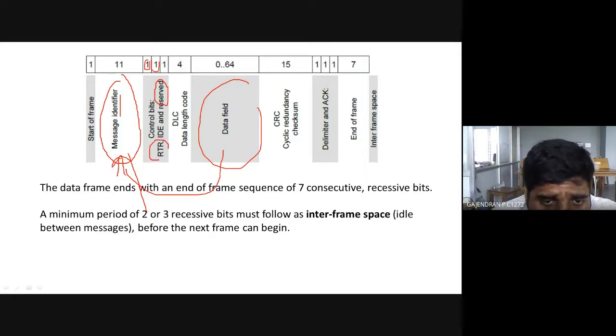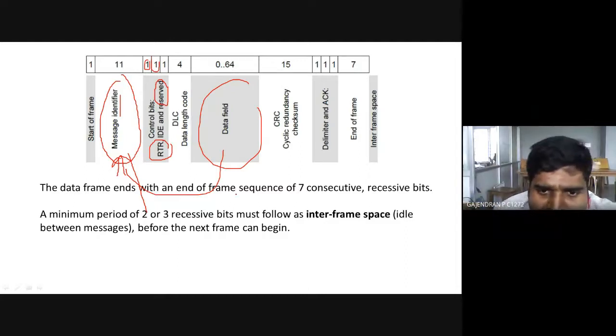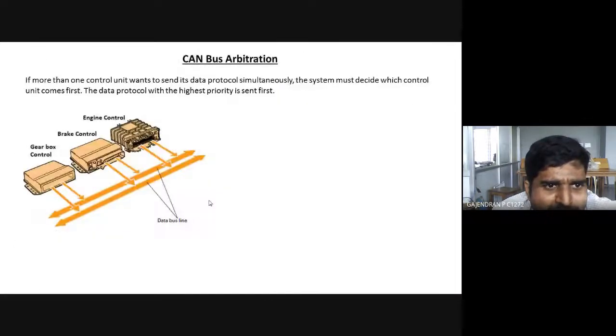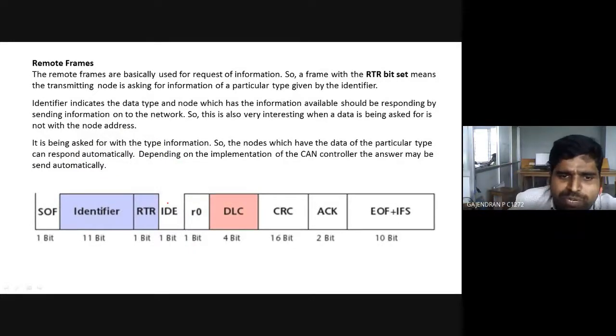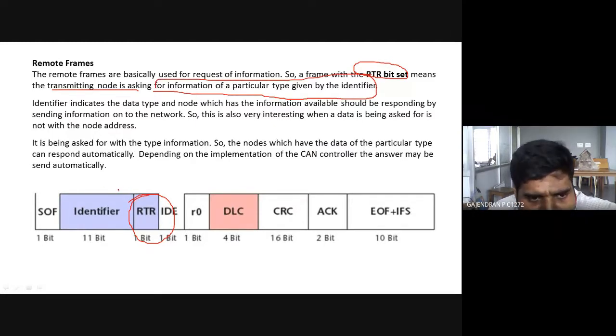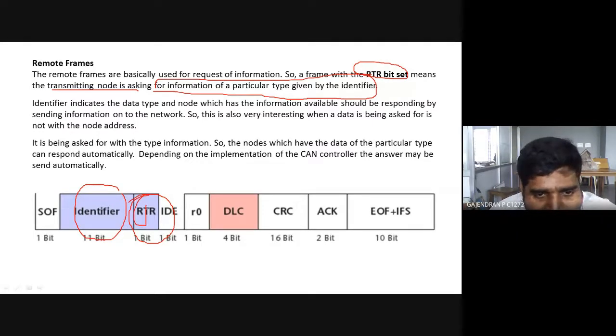The first one is: if any system needs some information, it gives a request, a remote request. That is the frame I have asked you to read. If a remote gives me a request saying it needs some information, we have to set this bit high. Okay? So when this RTR bit is set, it means the transmitting node is asking for information of a particular type of identifier. To request information from this identifier, you are using RTR.